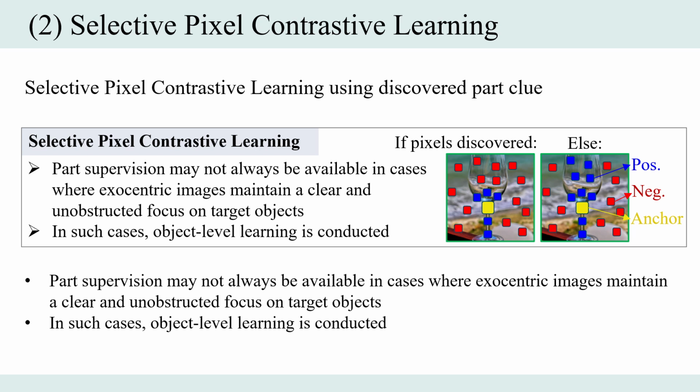On the other hand, there are some cases when the exocentric image also exhibits the salient target object so that no part pixels can be identified in egocentric images. In this case, we instead use the object affinity map to identify the object relevant pixels and perform the pixel contrastive learning at the object level.